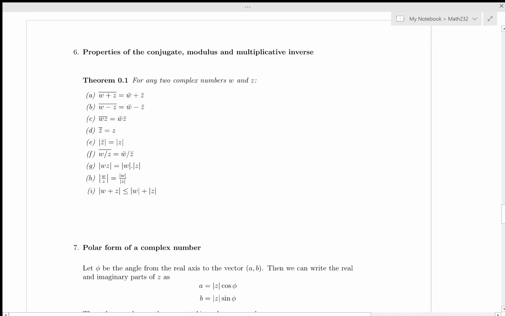Okay, so let's take a look at some of the properties written out here as a theorem. Properties of the conjugate, the modulus, and the multiplicative inverse. I'm taking any two complex numbers, w and z, and then these facts are true. The conjugate of w plus z is the conjugate of w plus the conjugate of z. You can read through these. All of them have a variety of properties. I strongly recommend as an exercise that you take two numbers, let's say z equals 1 minus 2i and w equals 2 plus 3i.